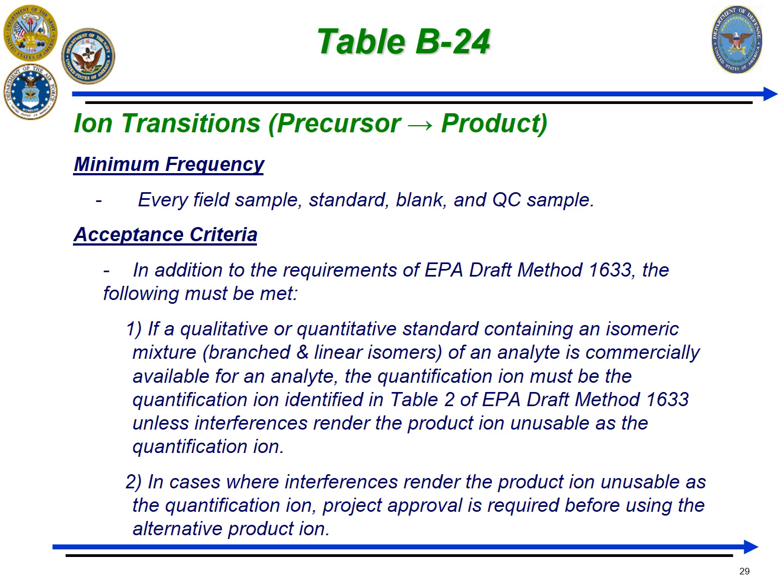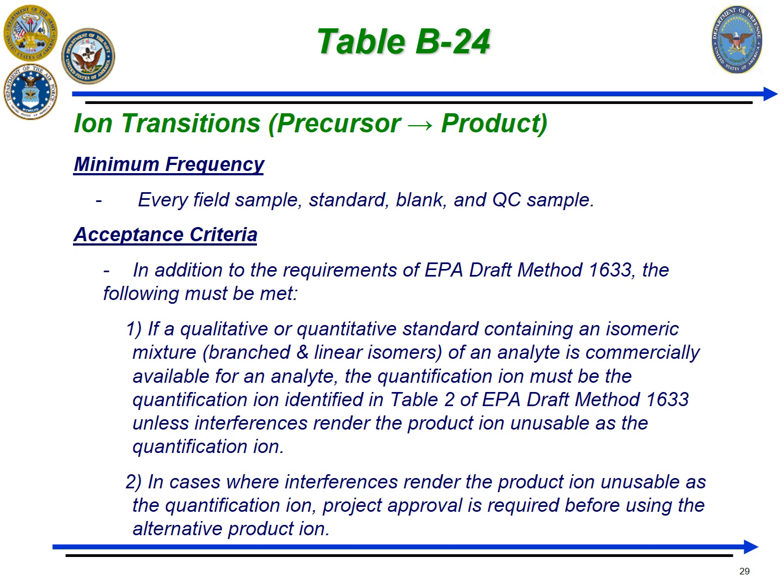What we've basically said in Table B-24 is that if a qualitative or quantitative standard containing an isomeric mixture of branched and linear isomers for an analyte is commercially available, the quantification ion must be the quantification ion identified in Table 2 of the method, unless interferences render that product ion unusable as the quantification ion.